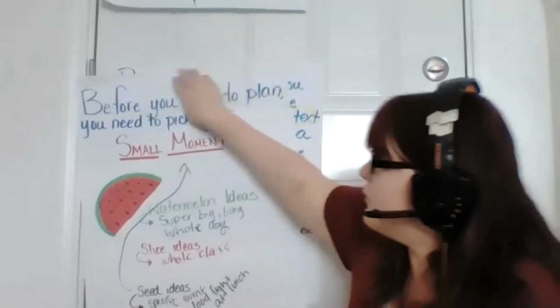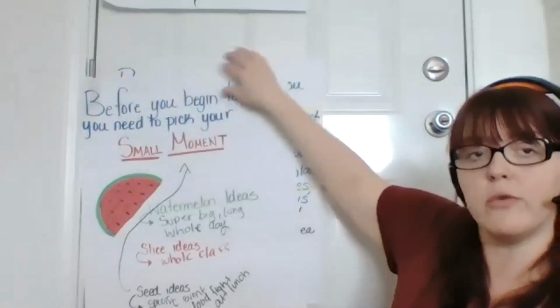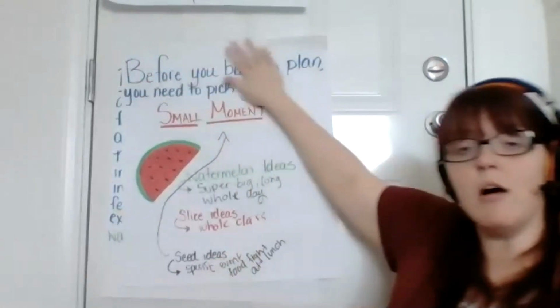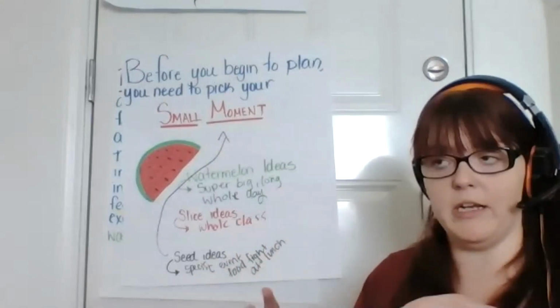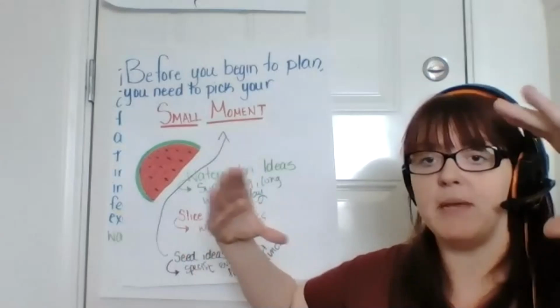that when we're writing personal narratives, we're not writing a whole big long story. We are writing about a small moment. In a small moment, remember we were thinking like a watermelon. So the watermelon would be like the whole big idea.